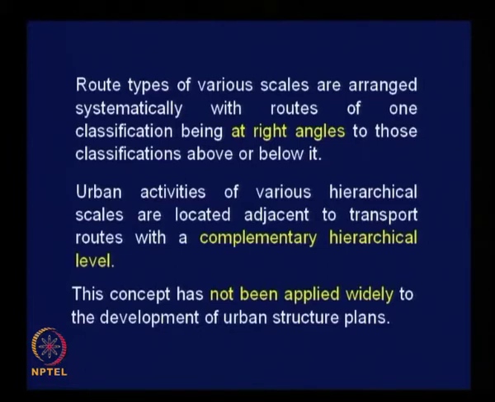Clear? So this is the summary, and to summarize again at the macro level what we have seen today, we basically discussed three types of urban structure: centripetal type, grid type, and linear type.